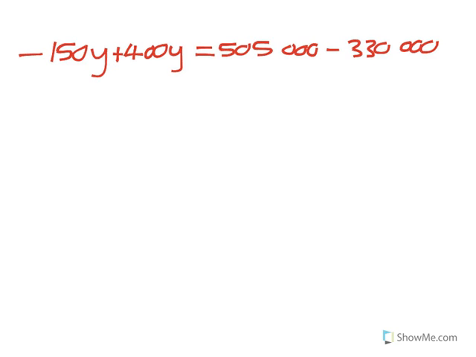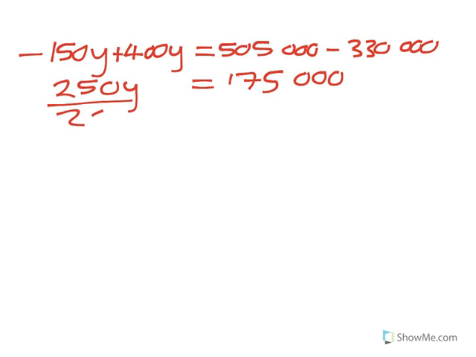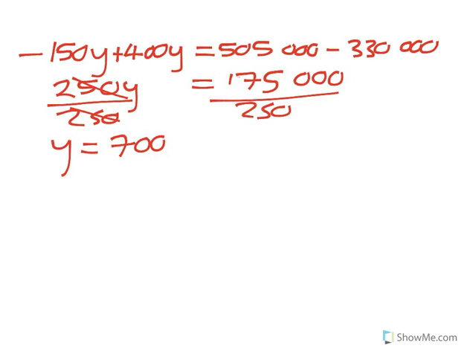If you use a calculator there, you are going to get on this other side 175,000 is equal to 250Y. Sorry about that, that's 250Y. You divide both sides by 250, then you are going to get Y is equal to 700. It means there are 700 adults.